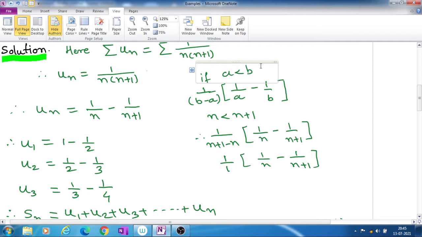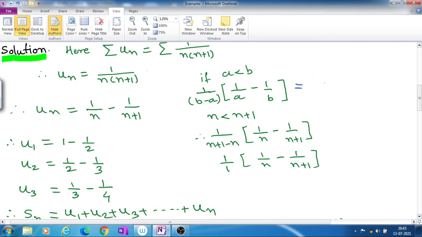If a is less than b, then 1 upon b minus a into bracket 1 upon a minus 1 upon b is equal to this 1 upon a into b. So this 1 upon n into n plus 1 can be separated by this formula for a and b.